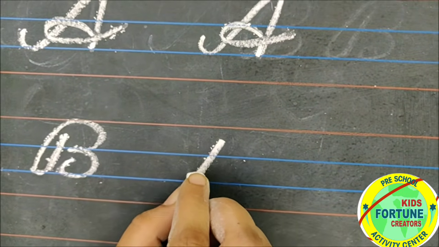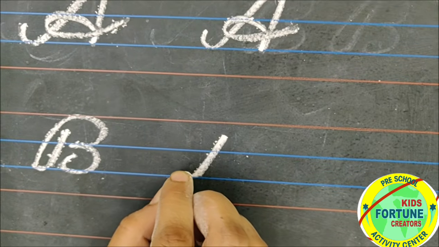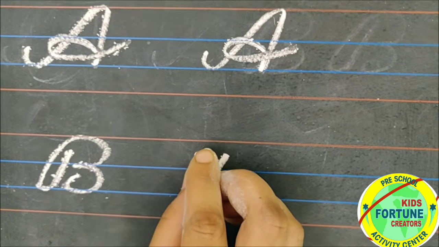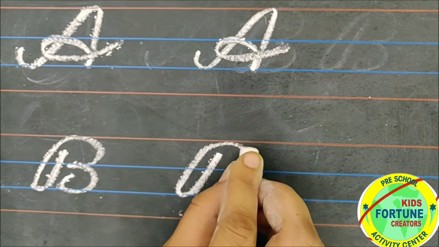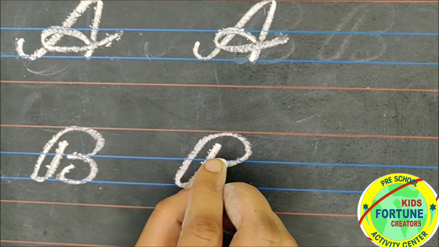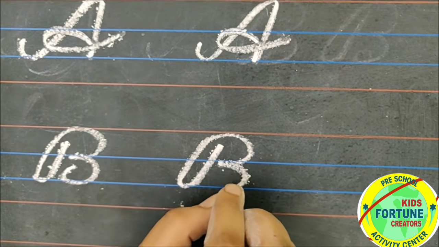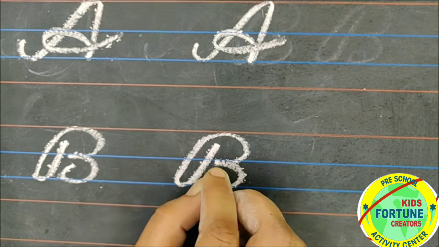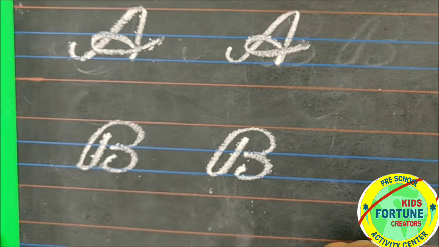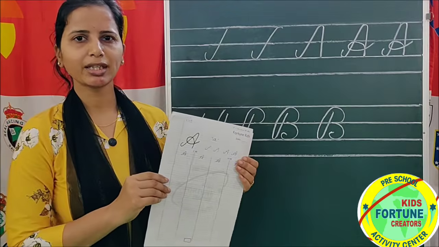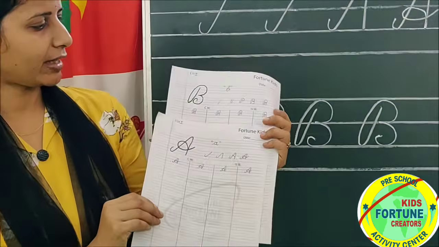Come down with slant line, back loop, go up, draw big curve, again curve, turn it inside. This is B.